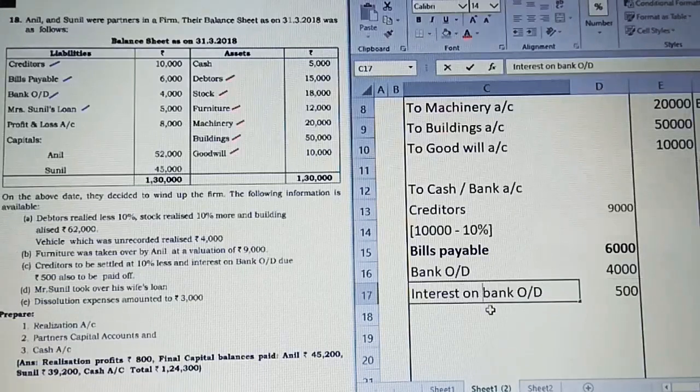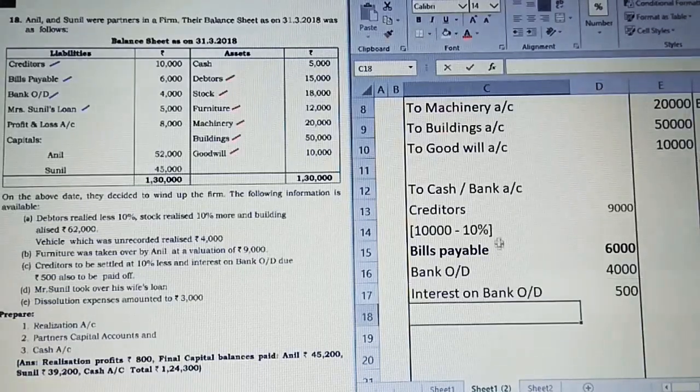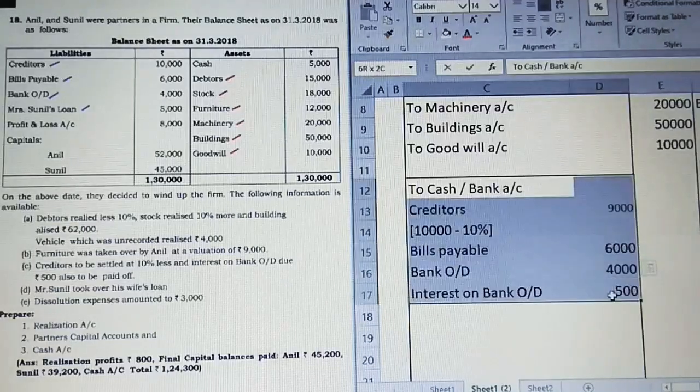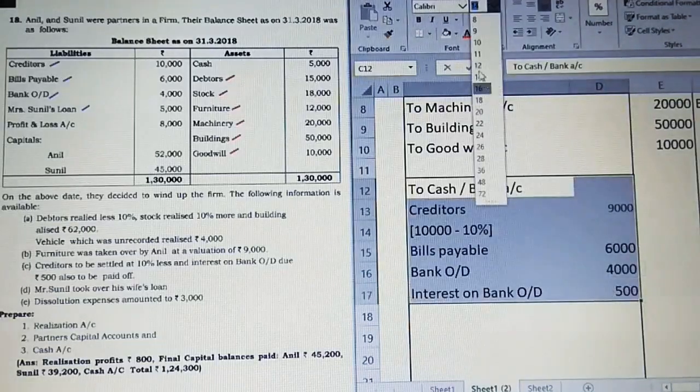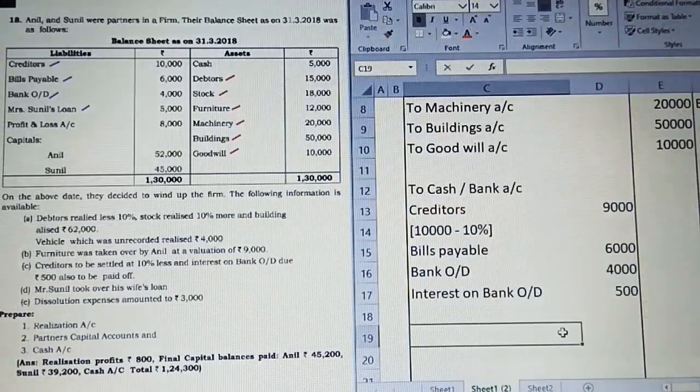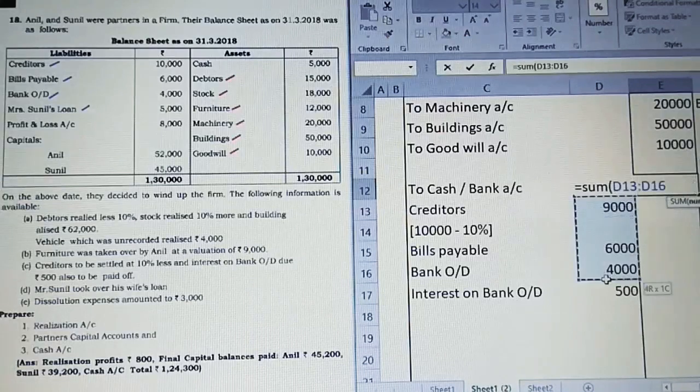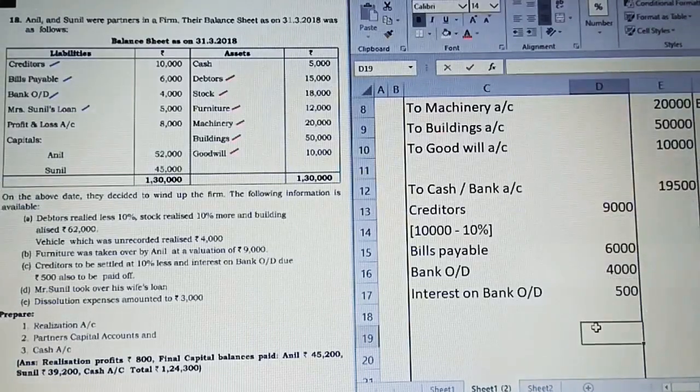You have to show it paid off. Yes, so just observe creditors, bills payable, bank overdraft with the interest is paid off. We have to show this as a total in the amount column is 19,500. We have completed this. Next step, next adjustment.